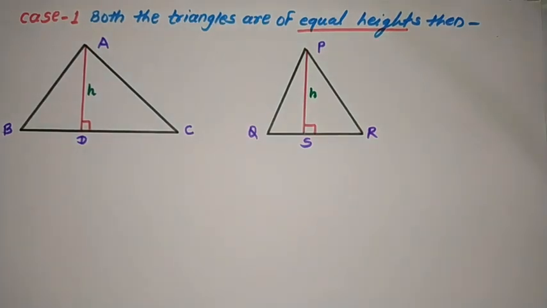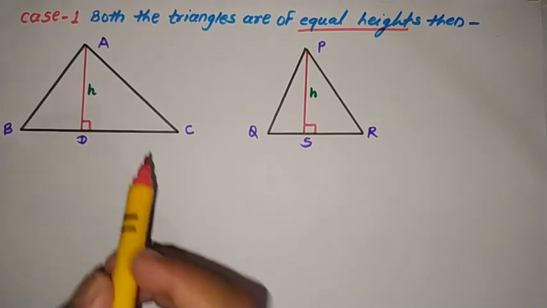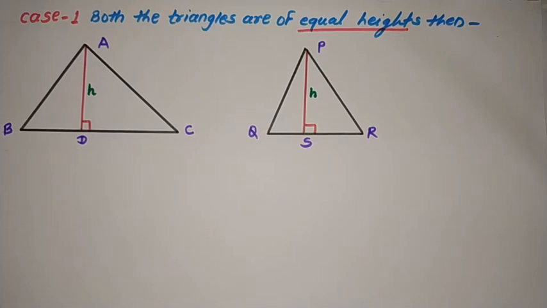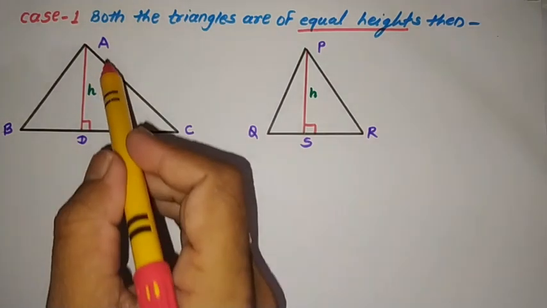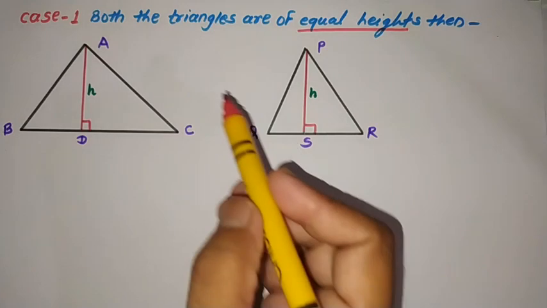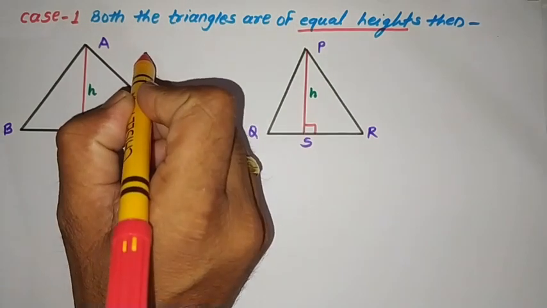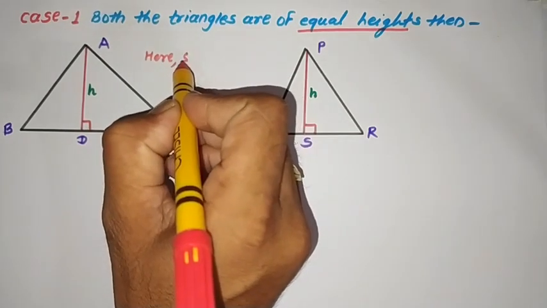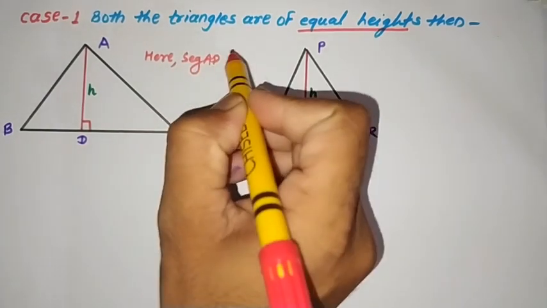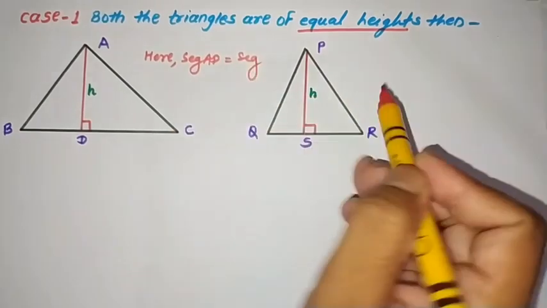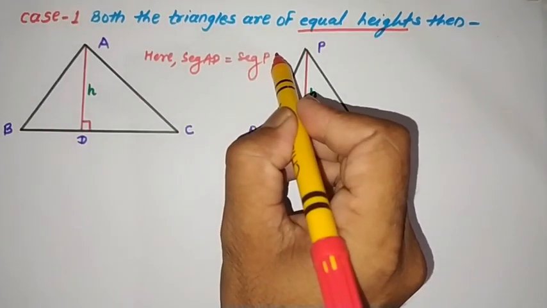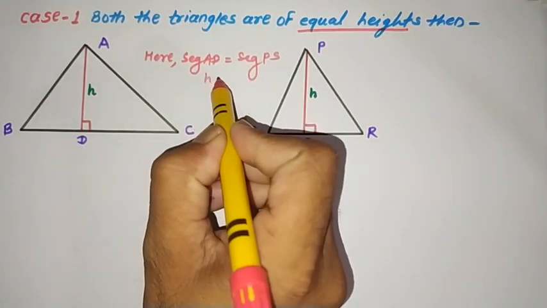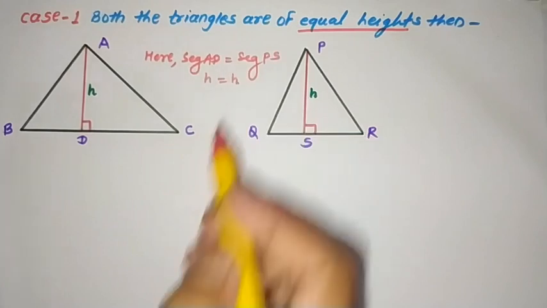Then here AD and PS are the heights, and segment AD is equal to segment PS. Both triangles have the same height, H is equal to H.